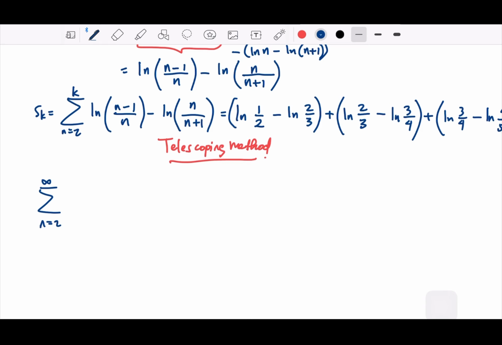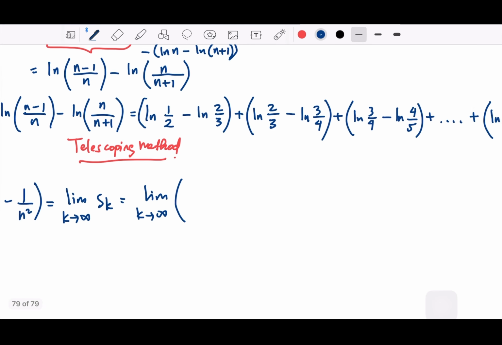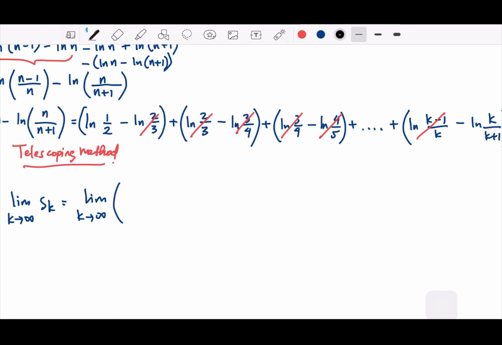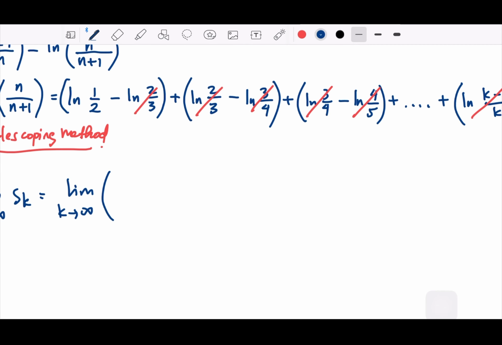So this will be equal. Let me just write the first equation. This is the limit as n, or as k for now, of our s_k. Since we have cancelled all the middle part here, we are just looking at the very far left and the far right. So ln half minus ln k plus 1.